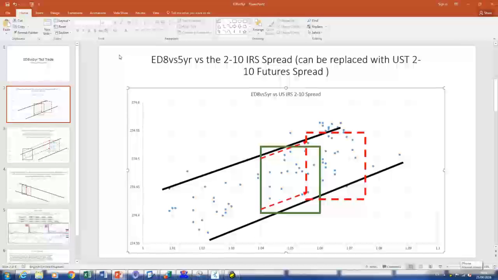So what I've done here, you can see the scatter plot, I've overlaid where the Eurodollar 8 versus the 5 year, so the 5 year TED, is trading. You can see on the vertical it trades from 274.35 up to 60. And down on the horizontal, you can see that's 2s, 10s in yield terms of the 2s, 10s interest rate spread.